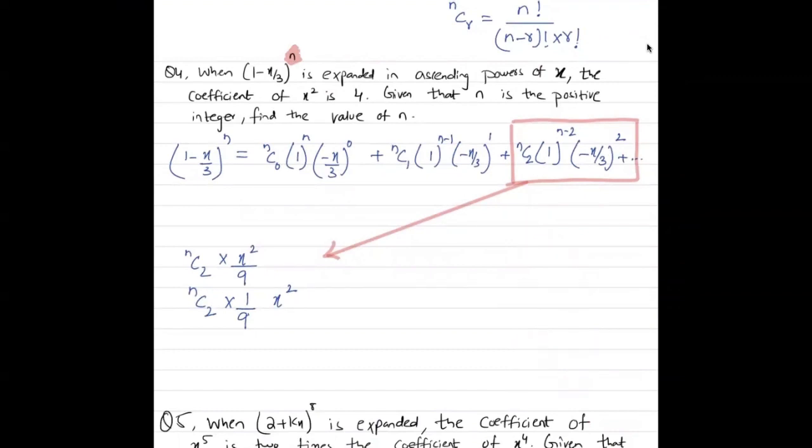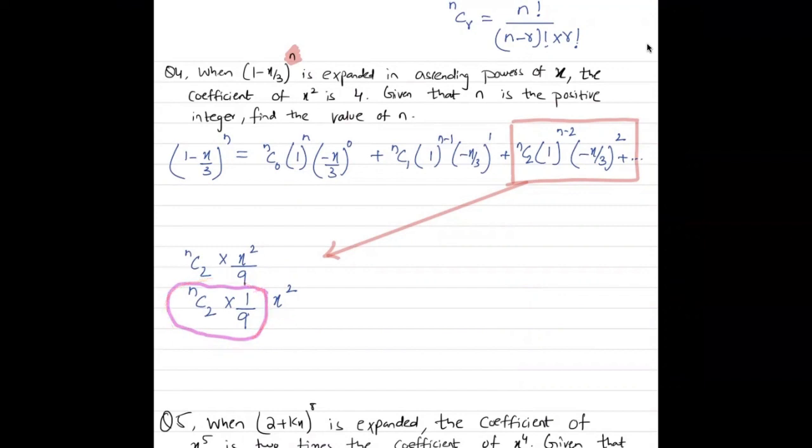Now, I was over here. I expressed nC2 x squared upon 9 as nC2 times 1/9 times x squared. It's the same thing. The point I want to highlight over here is that the coefficient of x squared is nC2 times 1/9. Guys, this is going to be a number, which is going to be called the coefficient of x squared.